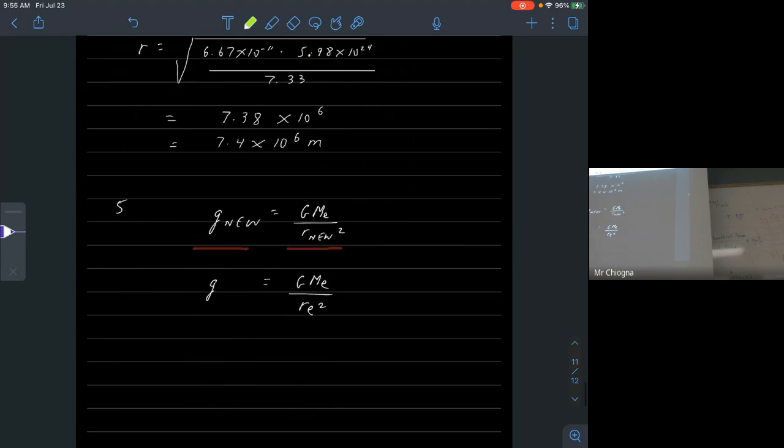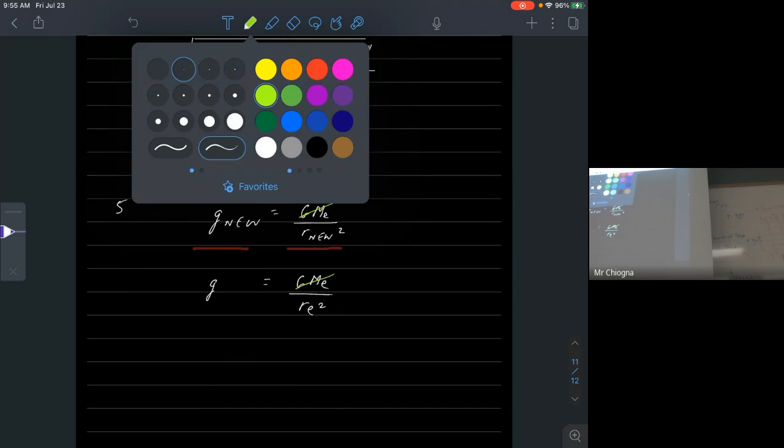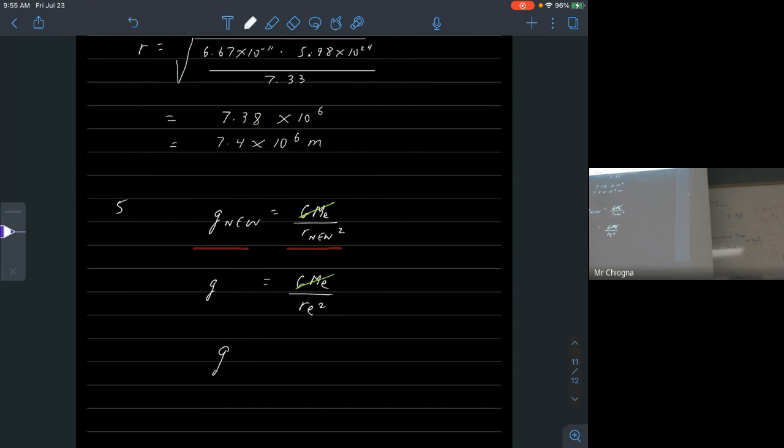For number 5, I'm dividing both sides, top equation by the bottom equation. So you're going to get this cancels out, this cancels out. You get g new, whatever the new value of the field strength is, divided by the value on the surface, which is 9.81.